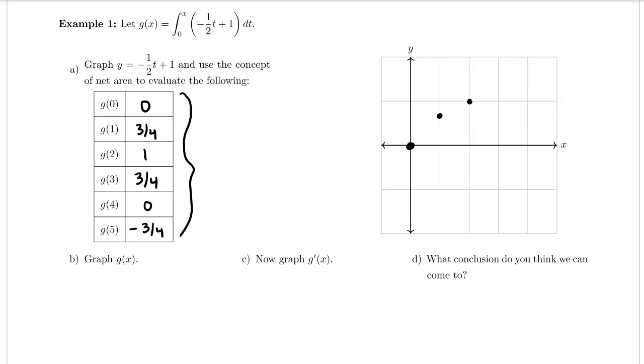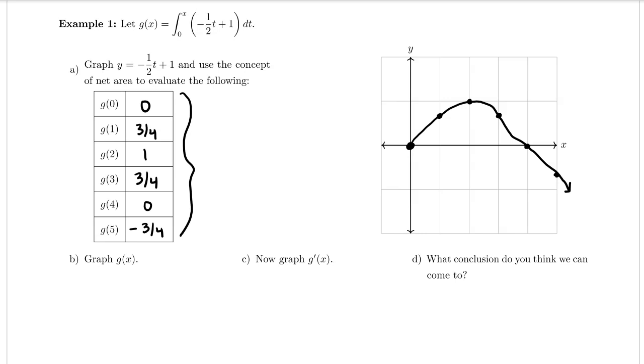Then when I plug in 3, my output value is 3/4. And then when I plug in 4, my output value is 0. And finally, negative 3/4. And when I connect this, I didn't do a very good job of connecting them, but it's supposed to form a parabola.